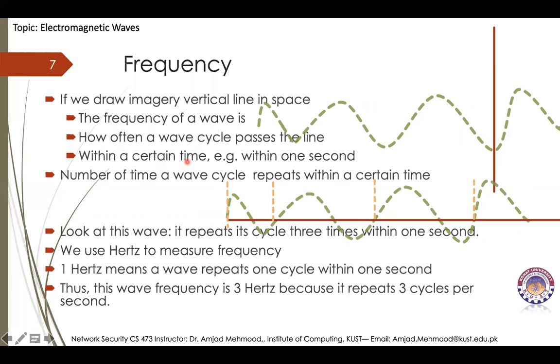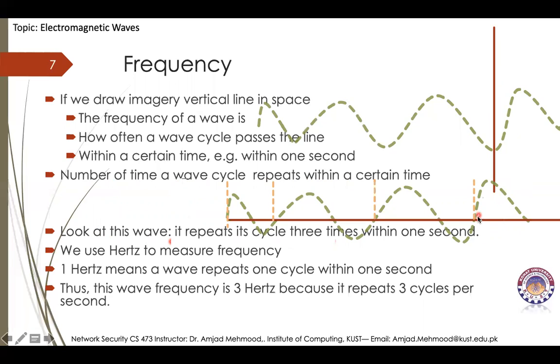Normally, if you consider time, we take 1 second. So in 1 second, how many times wave cycles pass through this vertical line, we call this frequency. It is the number of times a wave cycle repeats within a certain time. Look at this wave. It repeats a cycle 3 times.